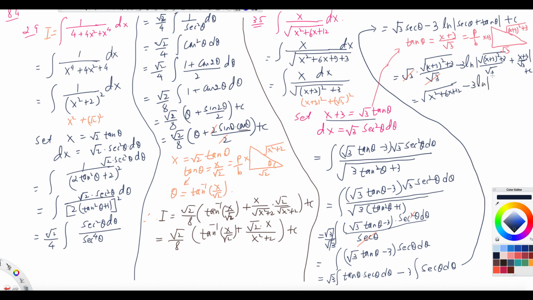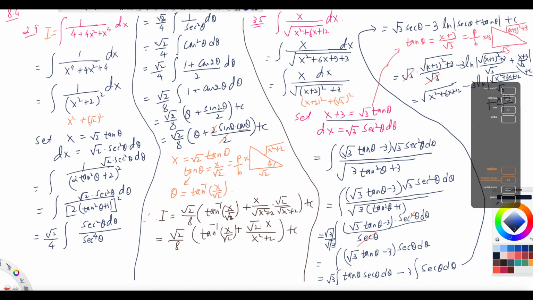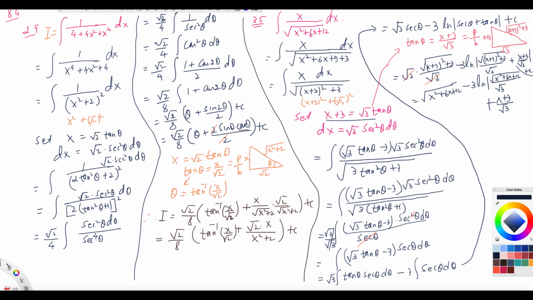That is under the root x square plus 6x plus 12 over root 3, and then plus x plus 3 over also root 3. If you want to, you can write the same denominator there. Okay, and then plus c. That is the final answer.